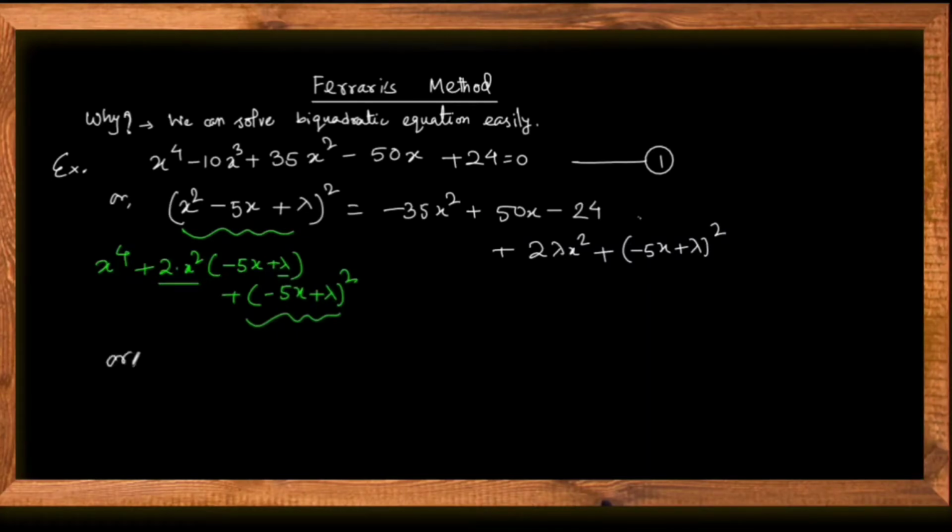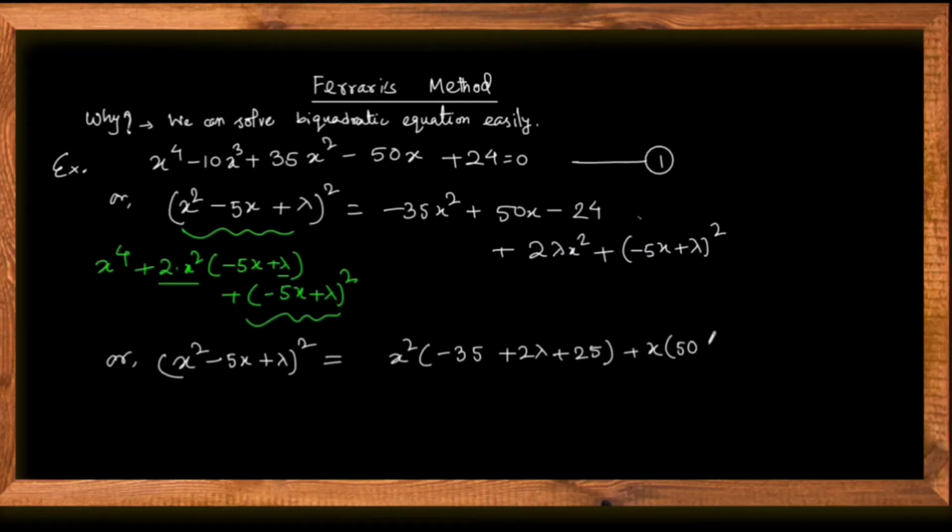Or we can write this as (x square minus 5x plus lambda) whole square equals x square times (minus 35 plus 2 lambda) plus 25x times 50 minus 10 lambda, and then plus lambda square minus 24.